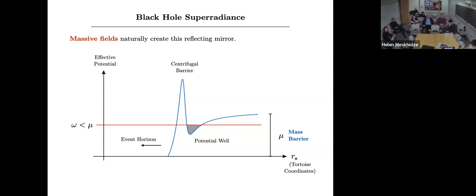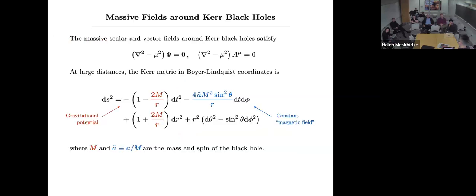And therefore, if you have a wave whose frequency is smaller than mu, once you have superradiance amplification, you backscatter, and there's a potential well. Then this process will keep going on until there's an instability. Ultimately, you will have a condensate, a bound state that's being formed in this local potential well. And that's the intuitive reason why such a condensate can happen.